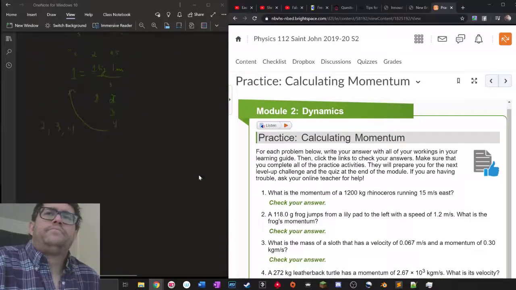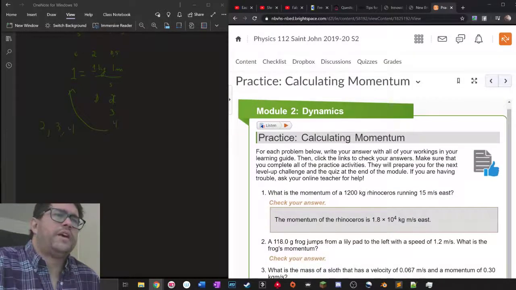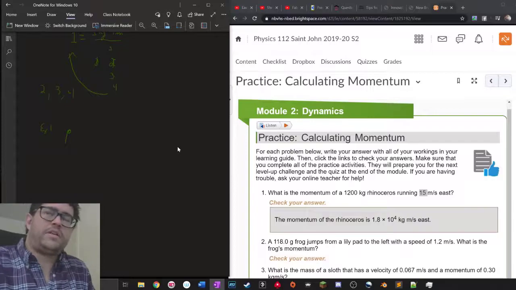Calculating momentum. Okay, you get the idea. We're going to go pretty fast here. Let's do a quick example because we want to write.